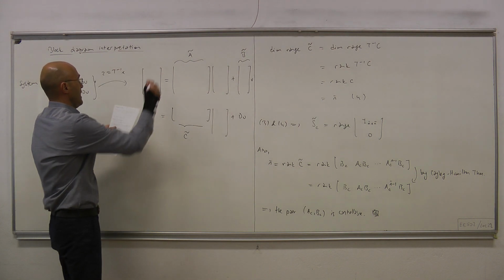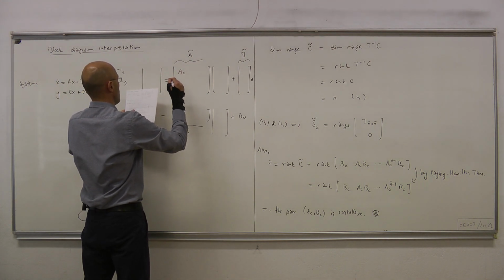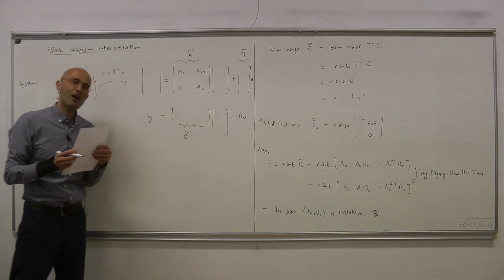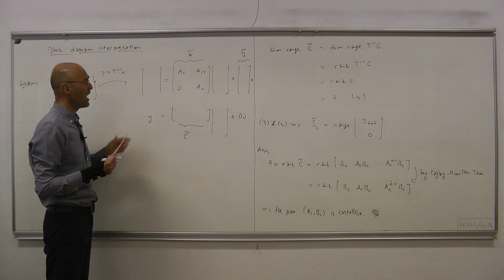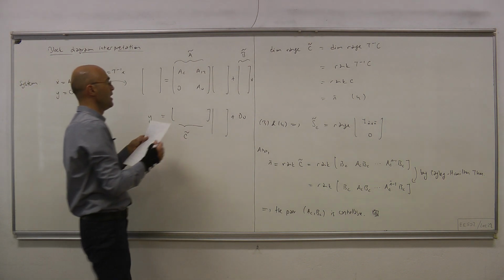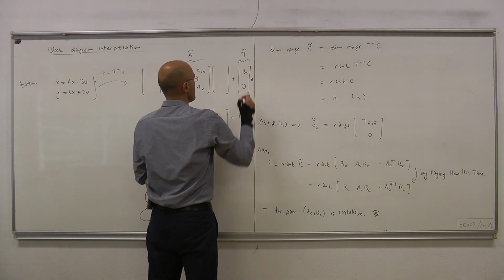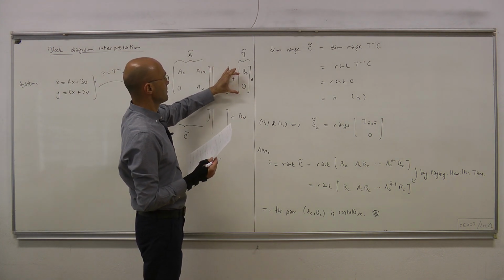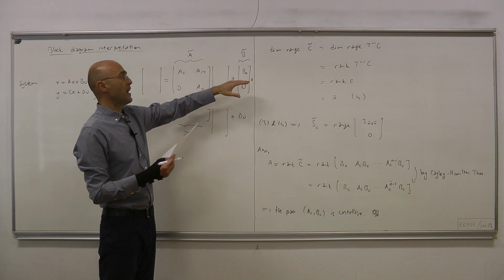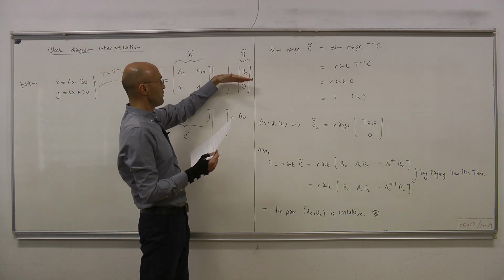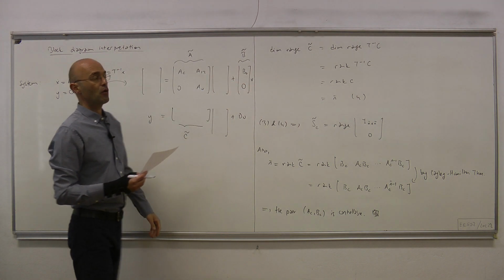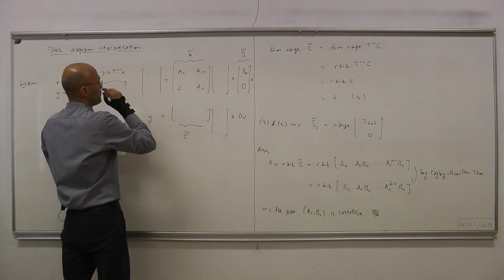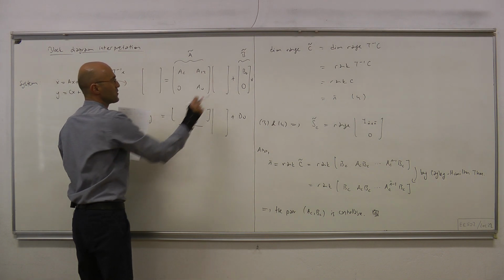Now A tilde we know is of the following form: AC, A12, 0, AU. AC is an n bar by n bar matrix, n bar being the dimension of the controllable subspace, and B tilde has this form BC, 0, where the second part where we have all zeros is such that we have n minus n bar zero rows.